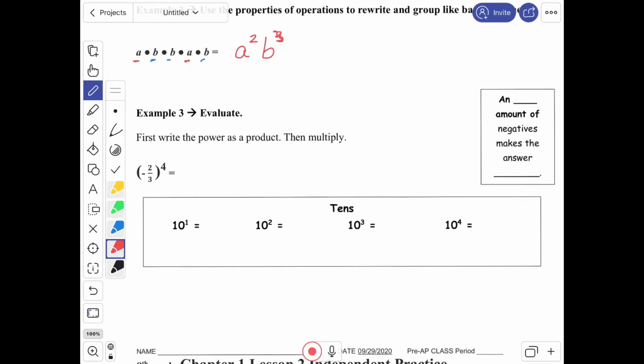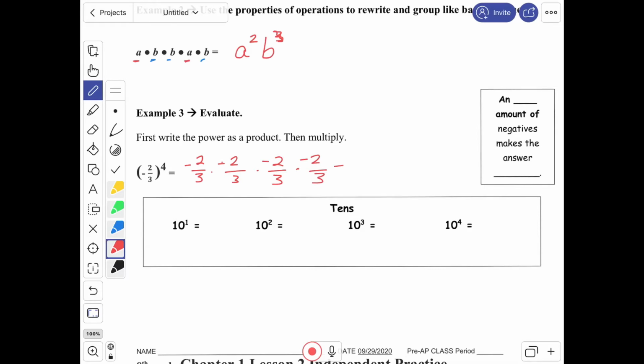Next, let's try evaluating some of these. So we have -2/3 to the 4th power. That means -2/3 times -2/3 times -2/3 times -2/3, 4 times.